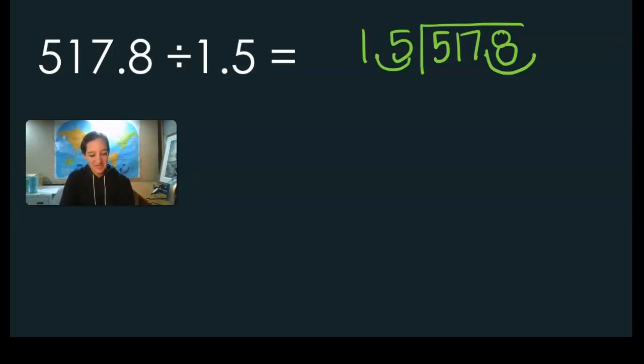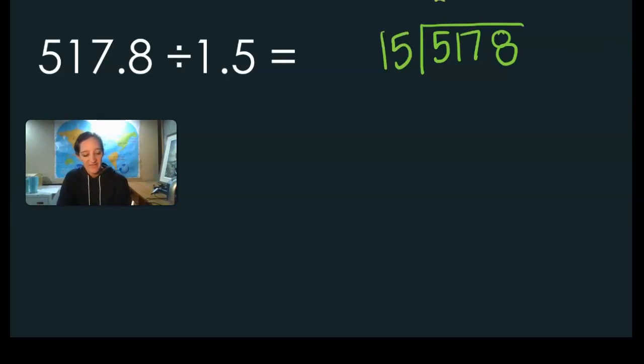So it ends up being, let's erase this right here. Oh, that's a big eraser. Oops. It ends up being 15 into, that's ugly, I'm sorry, I'm gonna have to fix that too. 15 into 5,178.